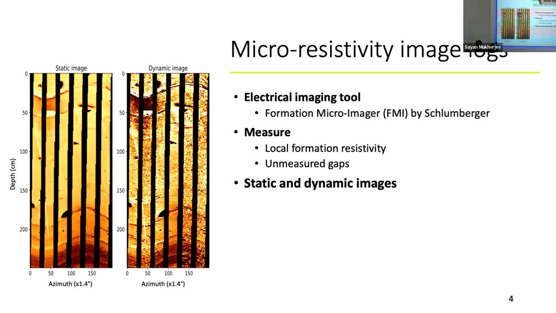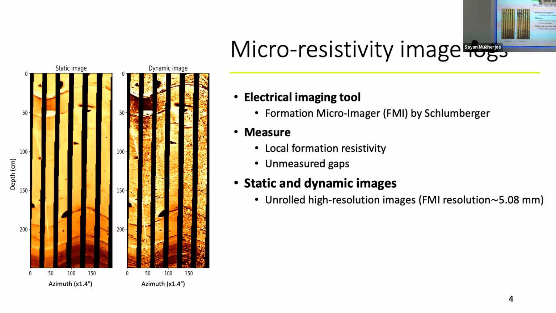For the color pixels in the static image, they are normalized over the entire log interval, so they can reflect large-scale variations associated with lithological change or geologic events. For the dynamic image, the color pixels are normalized within a sliding window, so it has a higher color contrast. It can show some detailed structural features.